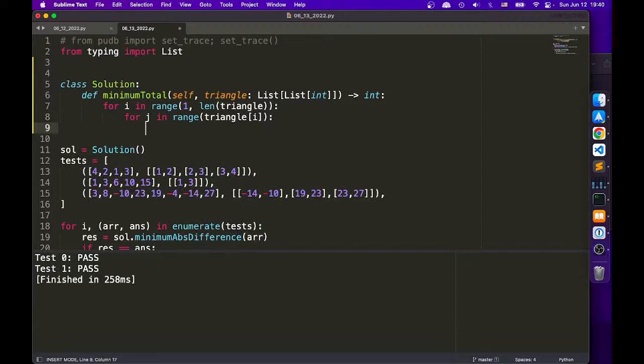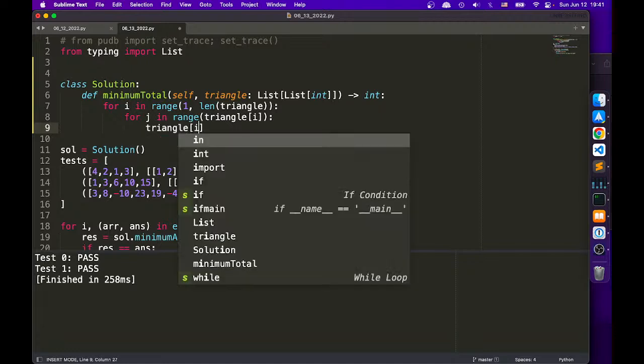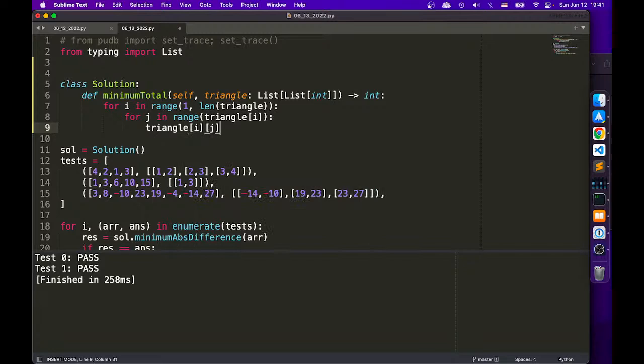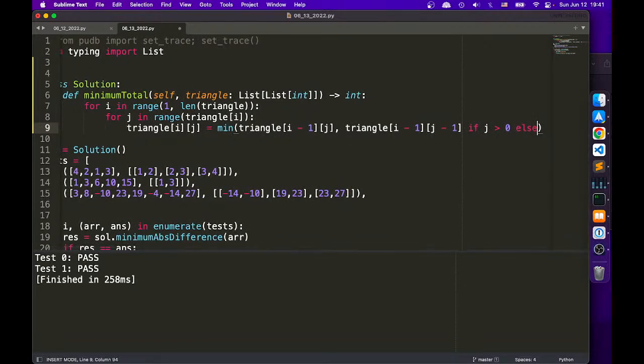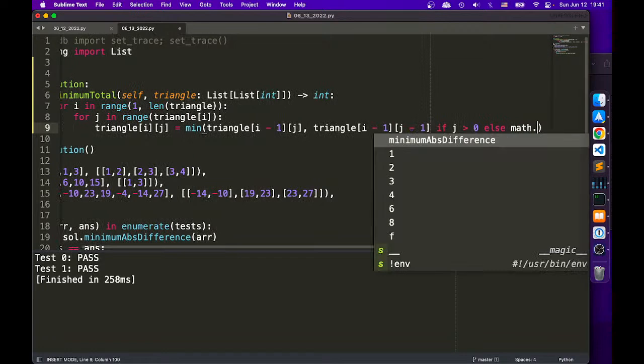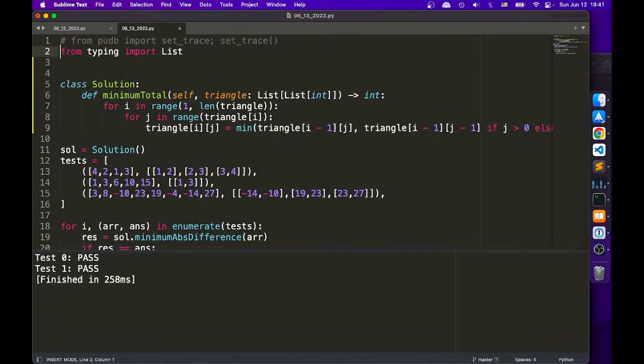For each one, triangle[I][J] shall equal the minimum of triangle[I-1][J] or triangle[I-1][J-1], the latter if J is larger than 0, else math.inf, because I'm taking the minimum, so we need to put math.inf here.